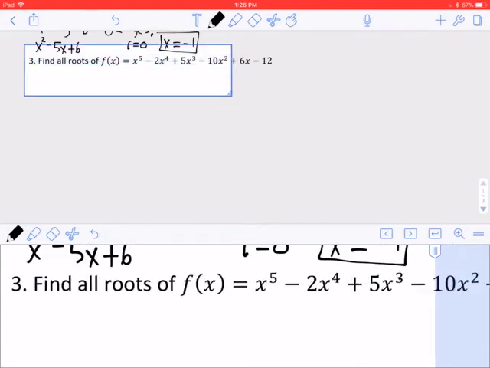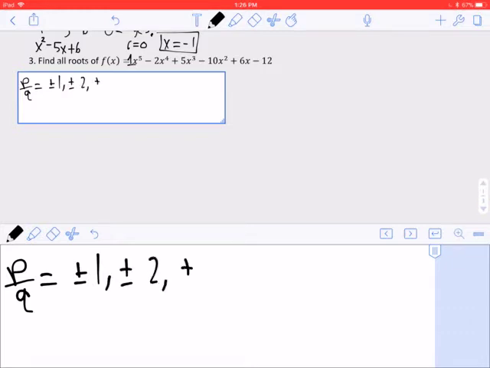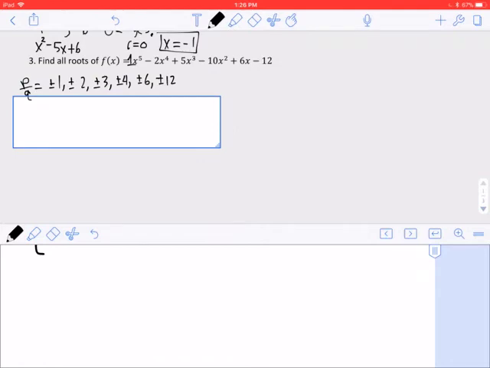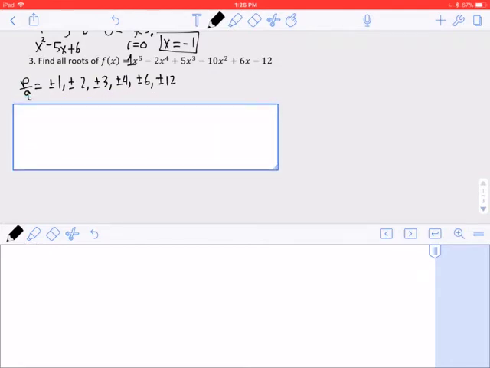So since this is 1, I really only need to list the factors of 12. So my P over Q is going to be 1, 2, 3, 4, 6, and 12. So there's no way of knowing before you test which ones are going to work.